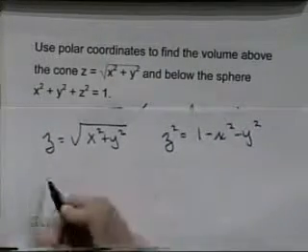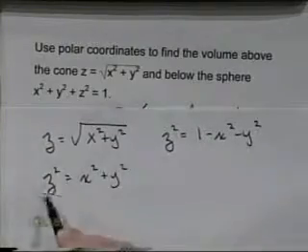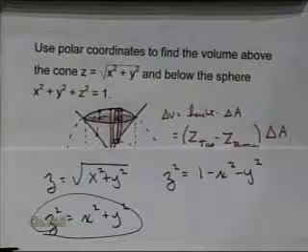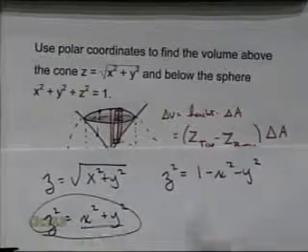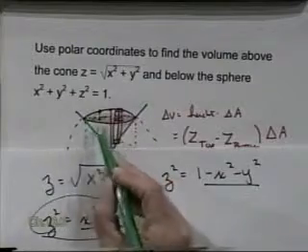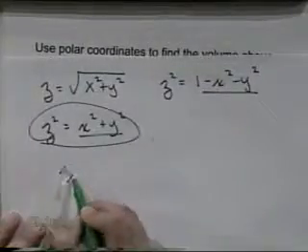If I square both sides on the cone, I get z squared equals x squared plus y squared. So z squared for the cone is equal to this, and z squared for the sphere is equal to this. Well, this little circle, those points are on both the sphere and the cone, so I can set them equal to each other.